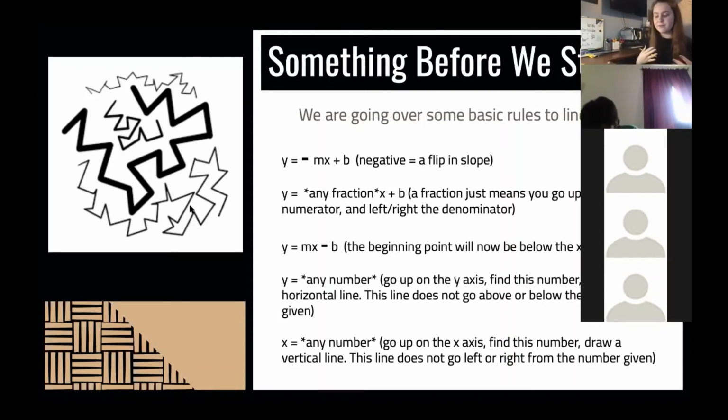Again, my comfort zone is graphing paper. Do what you believe is going to help you understand this the best. And once again, that line across is y equals 4.